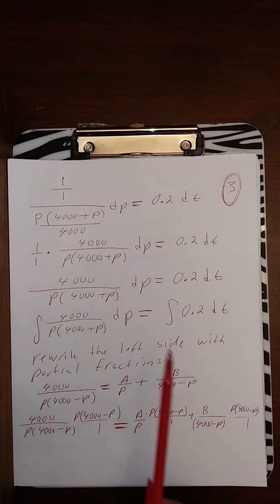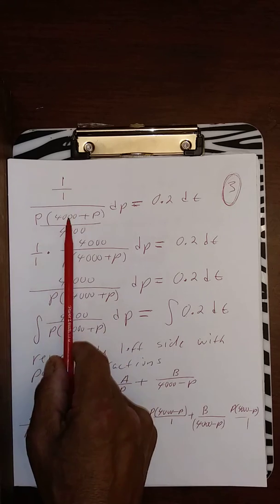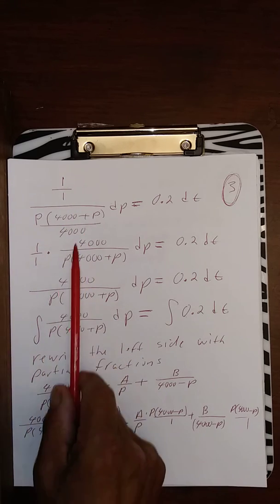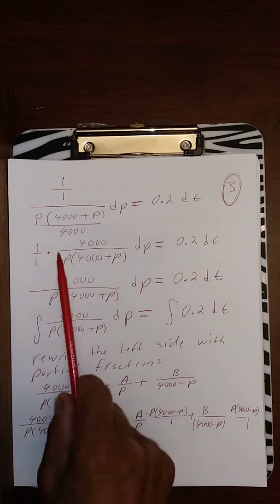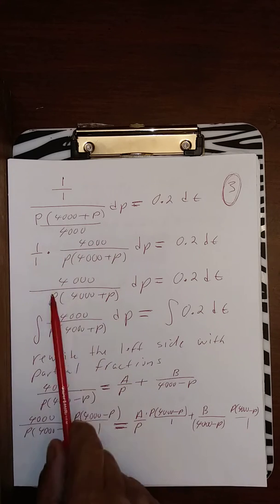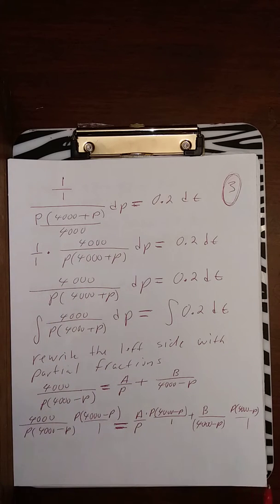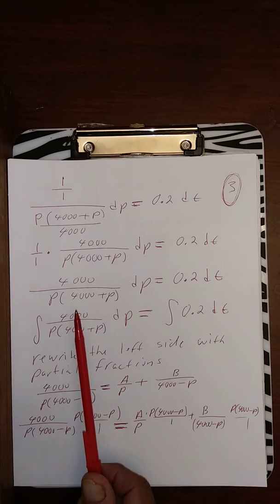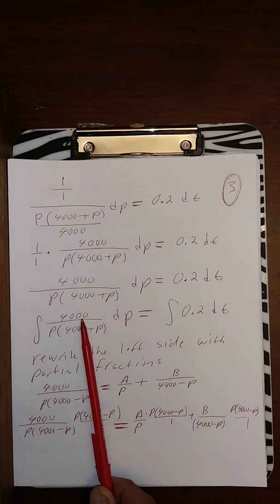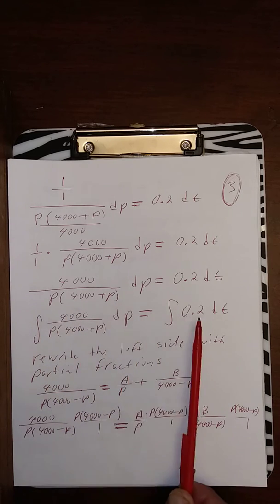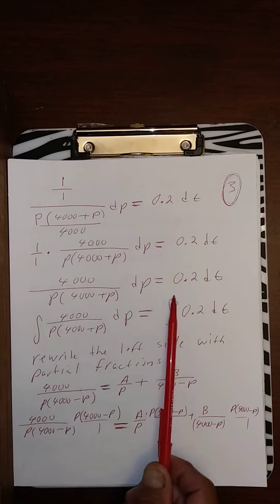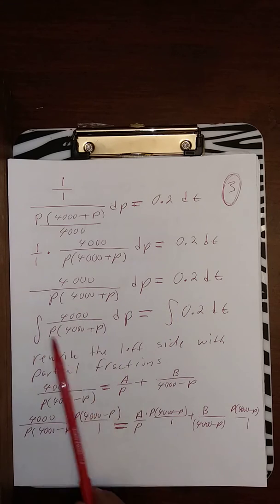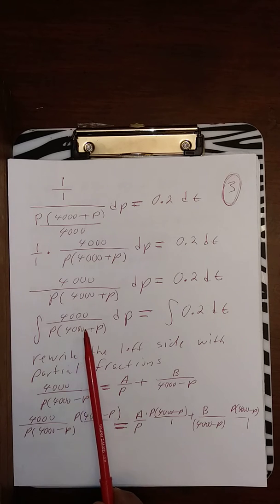So now we have 1 divided by this, get the reciprocal of this, flip it upside down. Now we need to take the integral of both sides. This one we need to rewrite another way, it's harder to do right there.